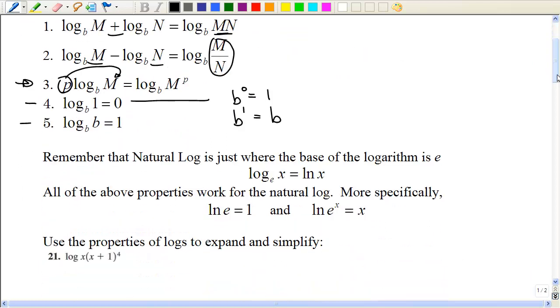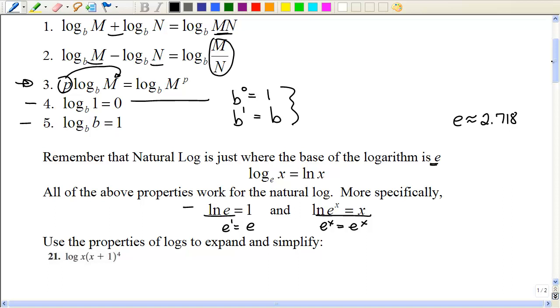Also, you should remember that the natural log is the same as log base e. And e is just an irrational number that's approximately equal to 2.718. These last two are really a restatement of this. This says e to the first power is equal to e, and this says e to the x equals e to the x.